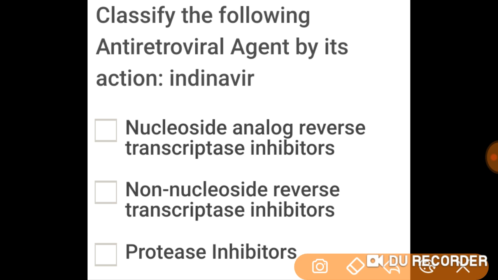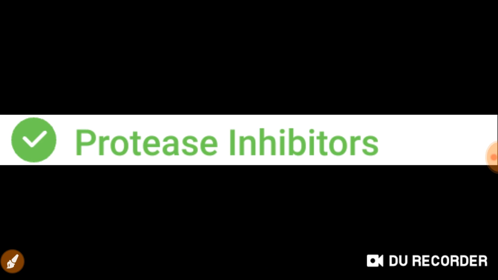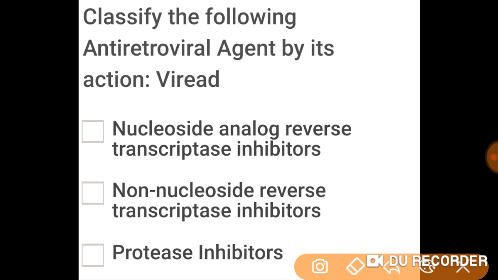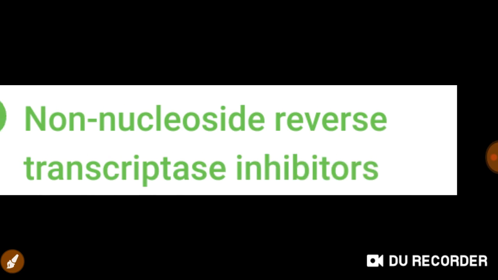Classify the following drug by its action: indinavir. Navir includes protease inhibitors. Classify the following antiretroviral agent by its action: the virane, that is nucleoside analog reverse transcriptase inhibitor. Yes.